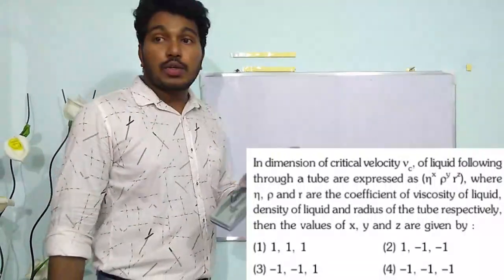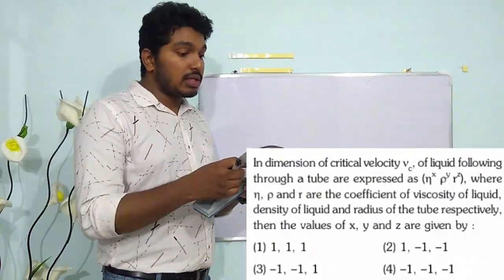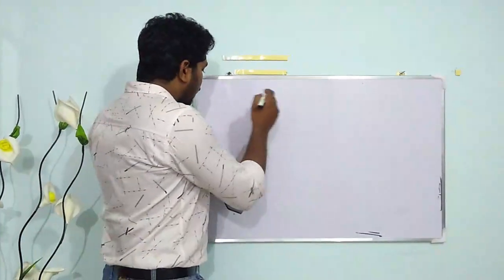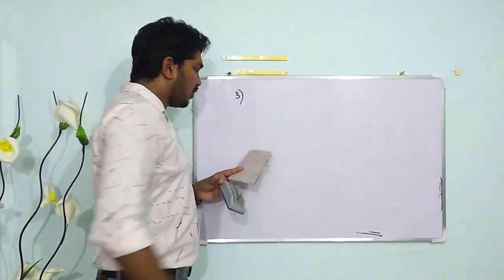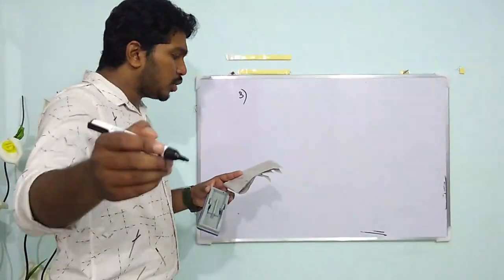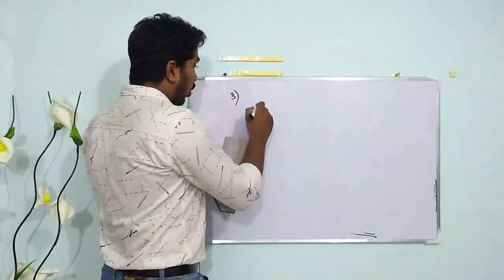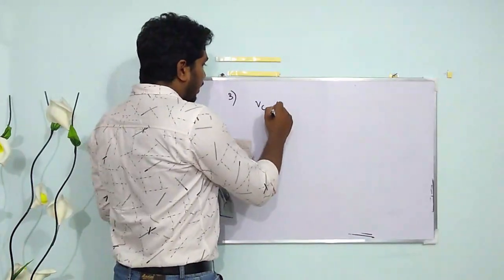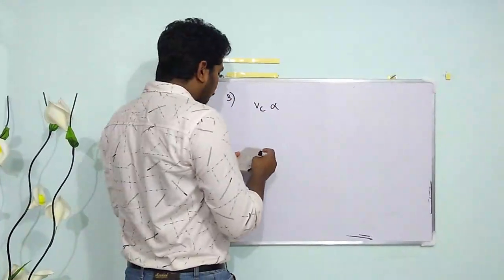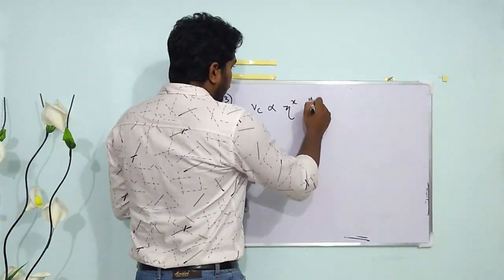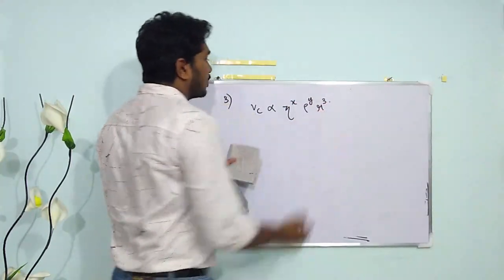Okay. Then the values of x, y and z. We are supposed to find the values of x, y and z. Right. So let me show you the general method for that. So critical velocity depends on which all quantities? It depends on eta raised to x, rho raised to y and r raised to z.